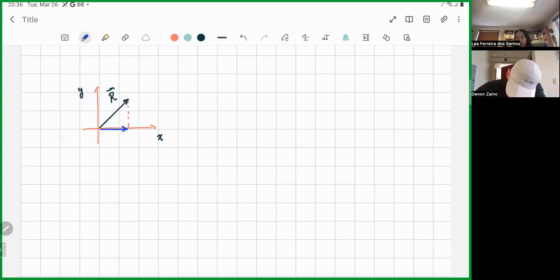Okay, so if I ask you, write the part of the vector r that is only in the x direction, so this is the vector that is only in the x direction. What I did here is a projection. That's what we call it. We project the vector just in the x.